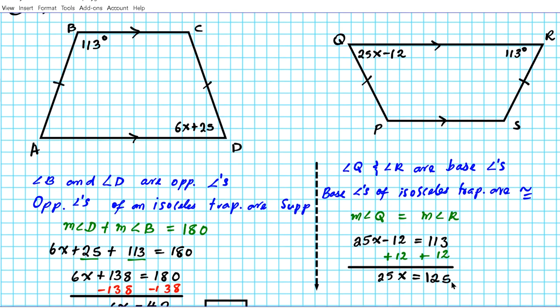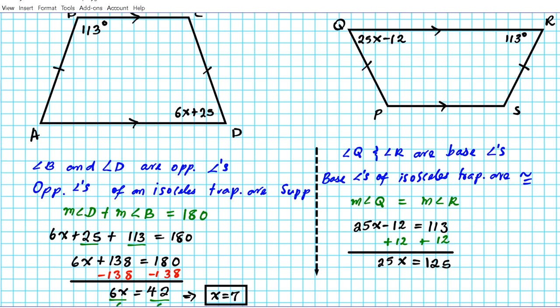To finish this off, we just simply divide both sides by 25, okay? So let's go ahead and do that. Divide this by 25, divide that by 25, and our final answer, x, is equal to 5. Ladies and gentlemen, that is the value of x in question number 4.